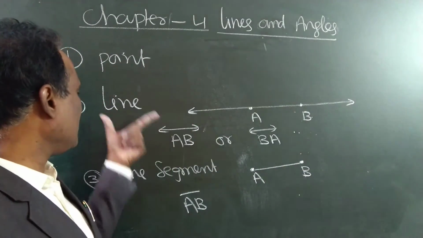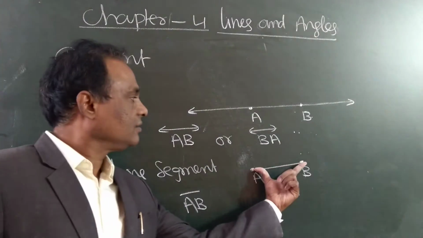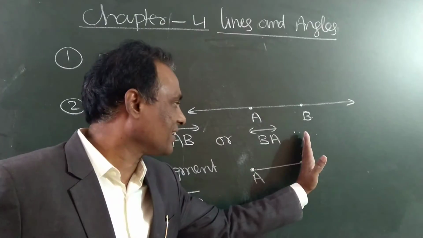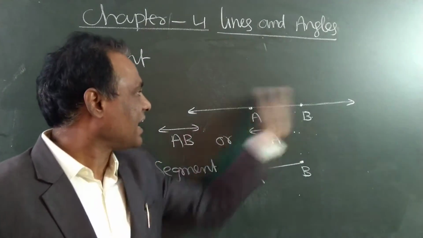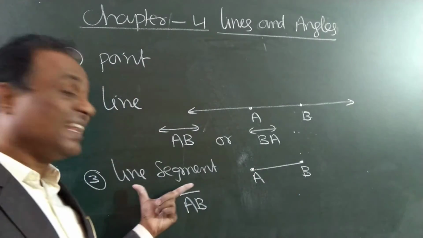This is the line, this is the line segment. This difference you should know. Line segment, there is no continuity, it stopped here, stopped here. If there is continuity, it is a line. If there is no continuity, it is a line segment.